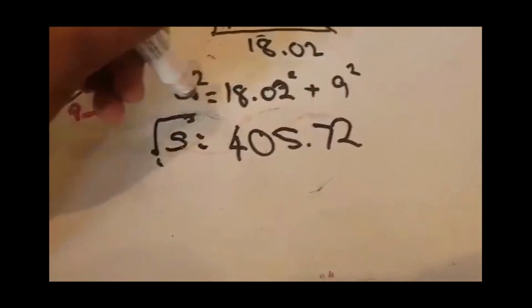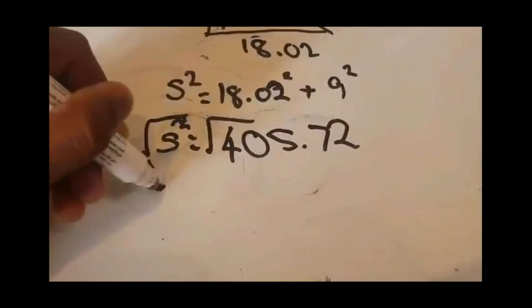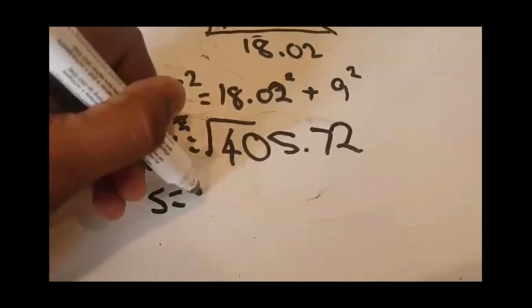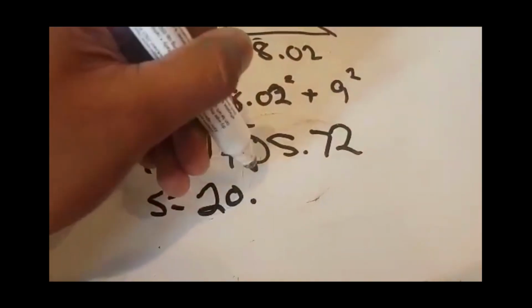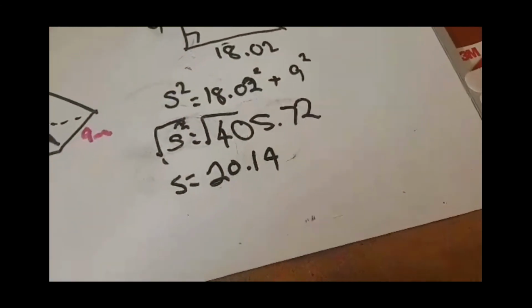So we square root both sides. There's a 2 still there. So it's s equals 20.14.